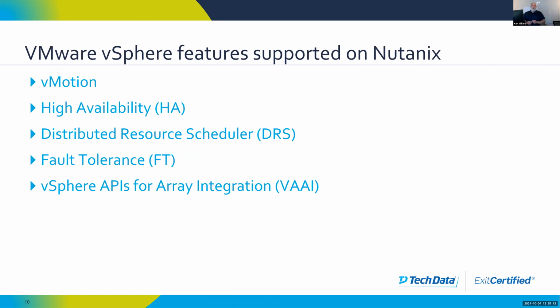And I think the big one where this really comes into play, in my mind, where the value proposition is, is the support for the vSphere APIs for array integration. What is that? If you've not dug into the vSphere environment a lot, it is simply a mouthful to say vSphere can hand off a particular storage task to the distributed storage fabric, to the storage array, let it do the storage work, and then simply reply when the REST API request is completed.